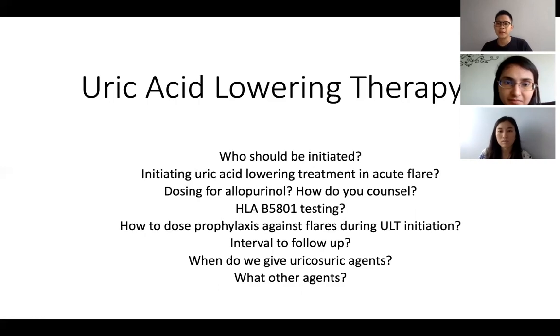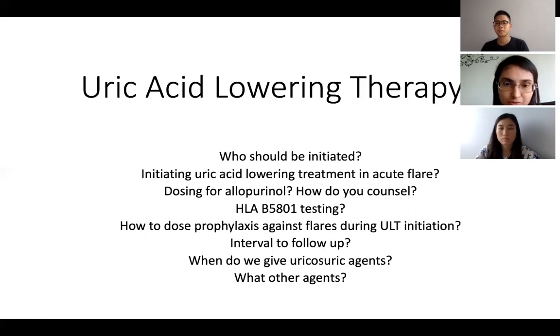Okay. And how long do you cover them for the initiation of ULT? So usually we keep the colchicine prophylaxis for those patients who are supposed to reach a target of less than 360. We keep it up to about 3 months after they've attained the target.